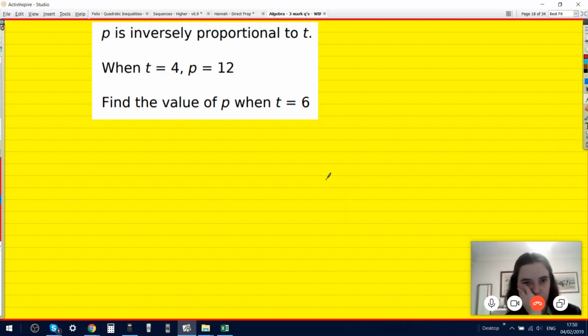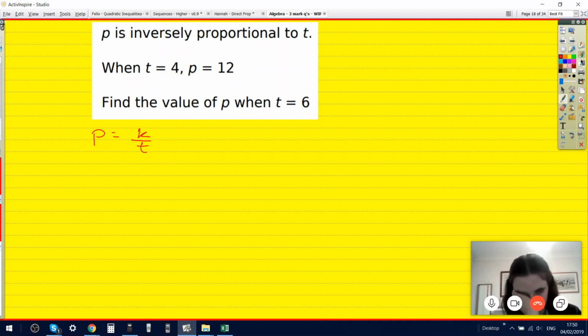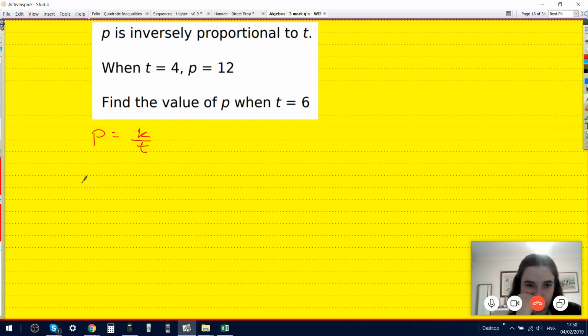P equals k over t. K equals p times t. So 12 times 4, which is 48.